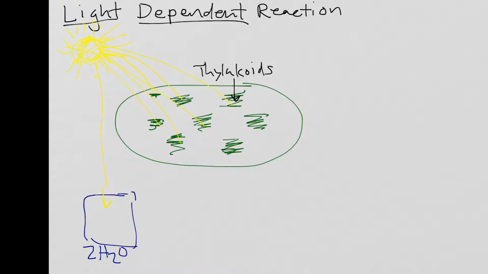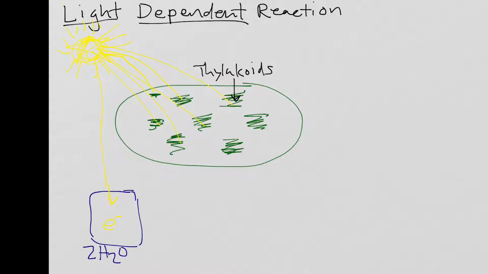It starts doing the truffle shuffle. And as it's shaking, it is going to break apart our water, okay? And it's going to steal an electron. So it's going to get an electron.